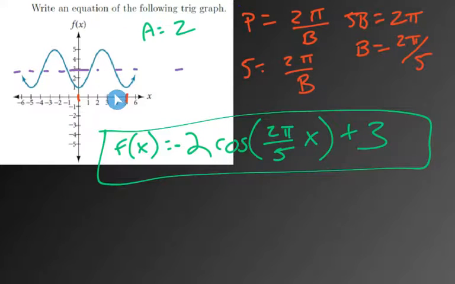So you can make yourself even problems for these. You can just make a sine wave or something, and then just draw one, make it fairly nice like this one, and then see if you could figure out what equation it was, and then you could test it in Desmos or something. So good problems to know, for sure.